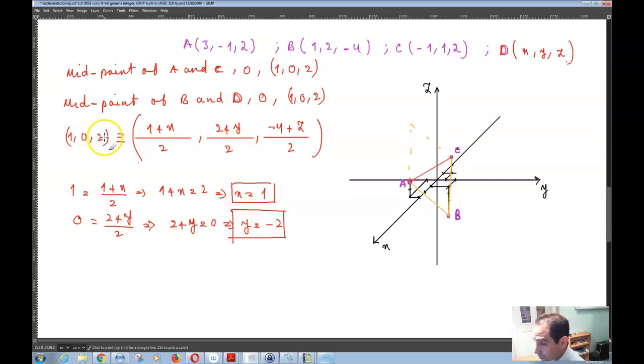And then 2 is equal to (negative 4 plus z) divided by 2, meaning that negative 4 plus z is equal to 4, and z is equal to 4 plus 4, which is 8. So this point would be x equal to 1, y equal to -2, z equal to 8.